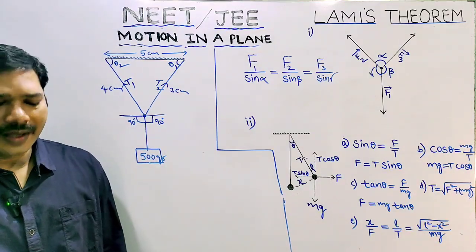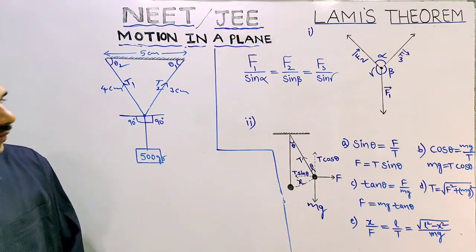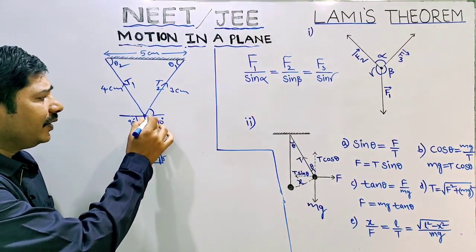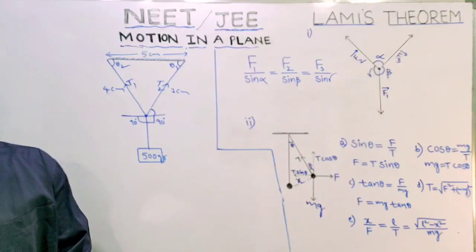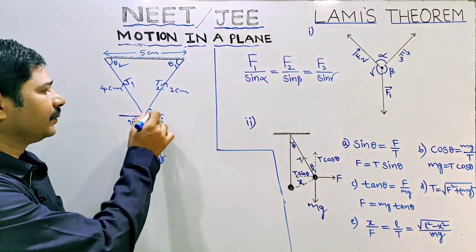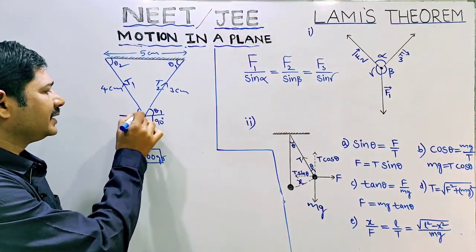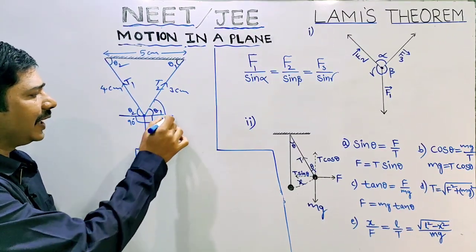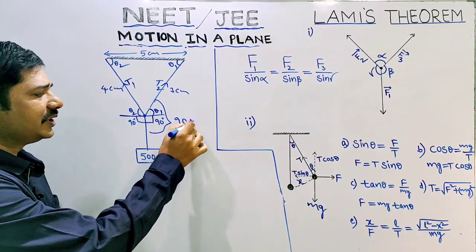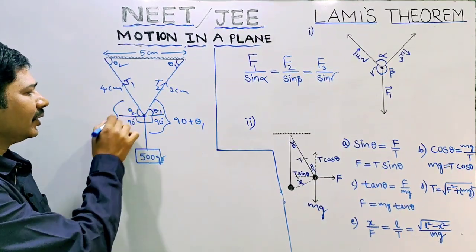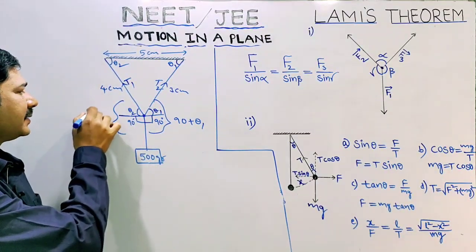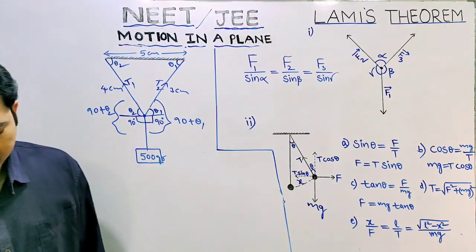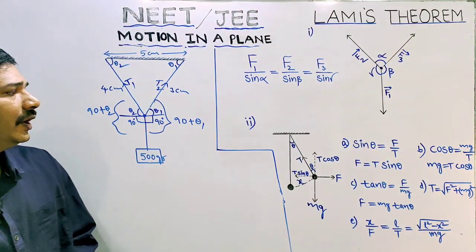The angle between them we don't know. But this angle is theta 1, and this angle is theta 2. This total angle is 90 plus theta 1, and this total angle is 90 plus theta 2.